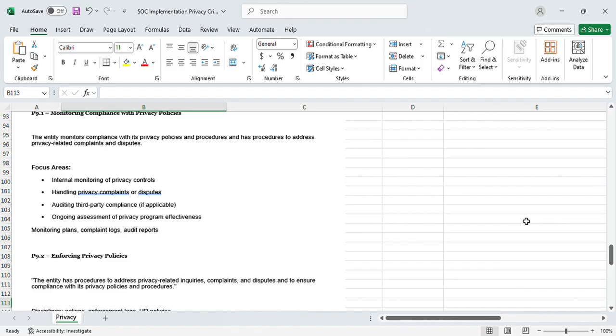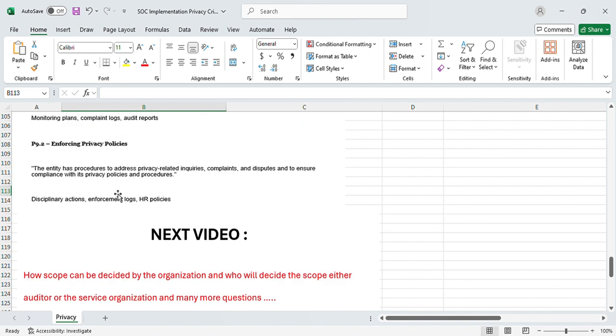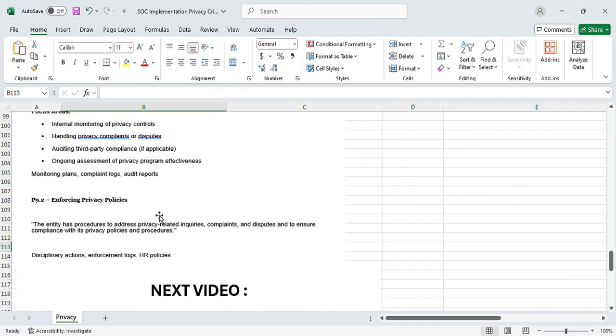Also, how you monitor, complaint logs, audit reports. P9.2 is enforcing the privacy policy. The entity has procedures to address privacy related inquiries, complaints and disputes to ensure compliance with its privacy policies and procedures. Disciplinary actions, enforcement logs, and HR policies are examples.